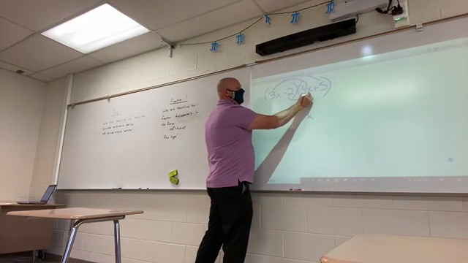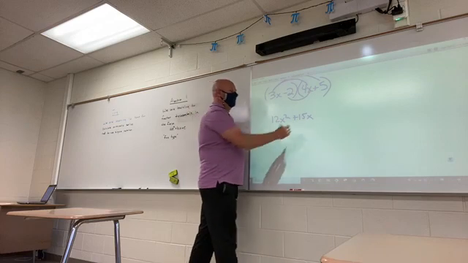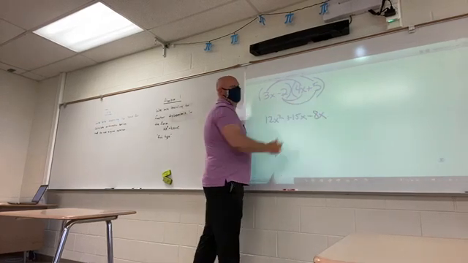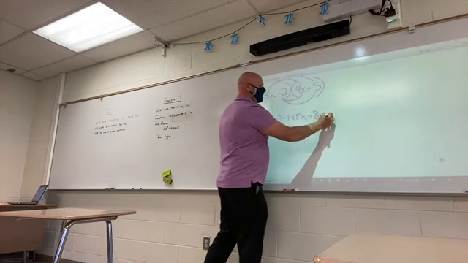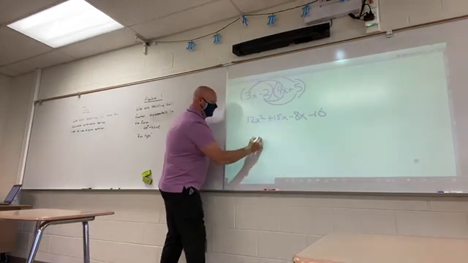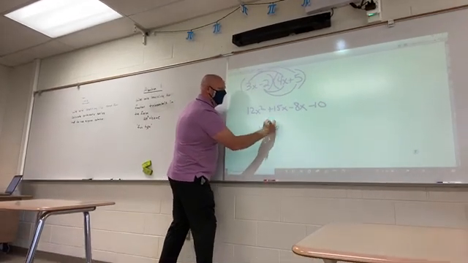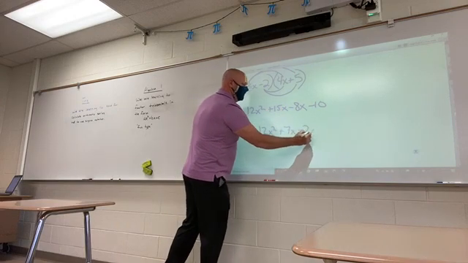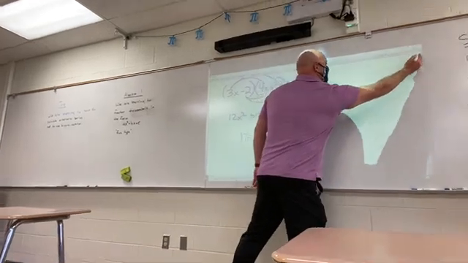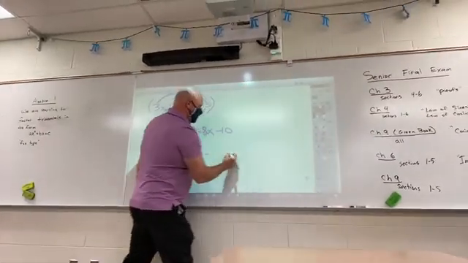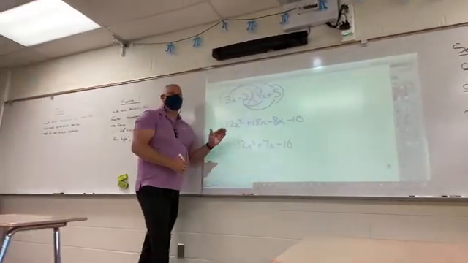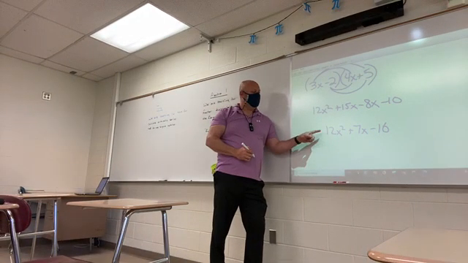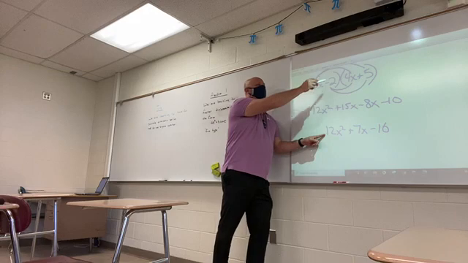The negative 2 times the 4x would be negative 8x. And negative 2 times 5 would be negative 10. So this actually simplifies to 12x squared plus 7x minus 10. So the question, again, we're doing the same thing we did yesterday, just with these types of problems. So we're going to start here, and we got to end up here.